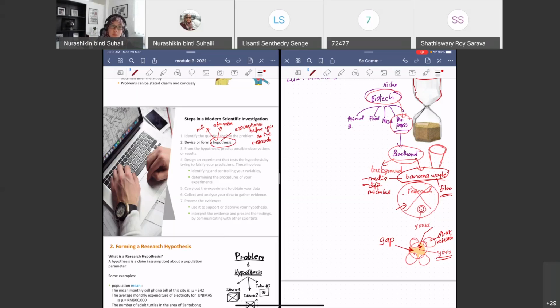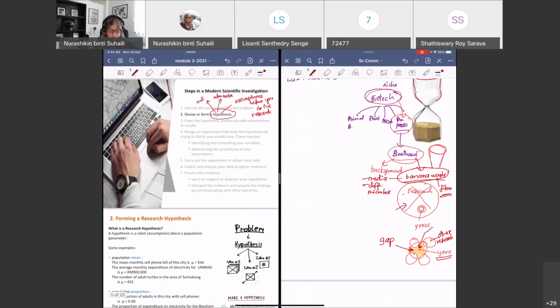There is no production of bioethanol using banana waste. But the alternative hypothesis is the positive outcome, the thing that will happen: there is bioethanol production using the banana waste. So that is the difference between the null and alternative hypothesis.